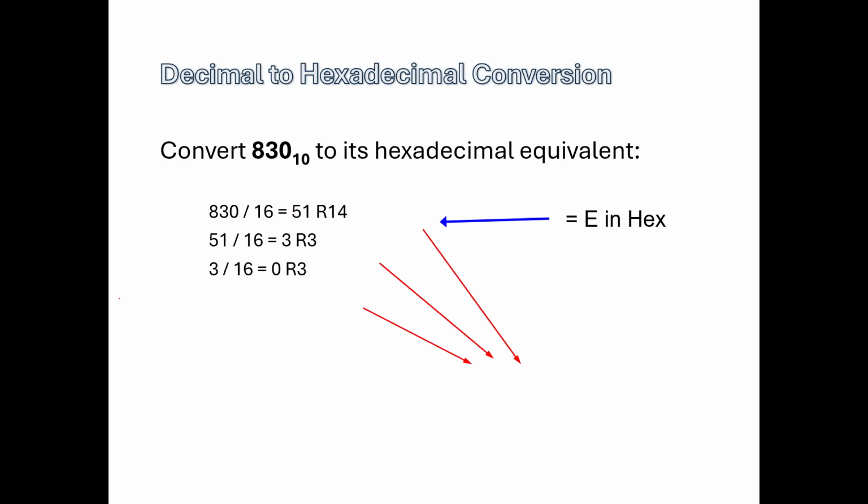Top. Are you sure? I remember saying that you write it from the bottom to the top. That means our most significant bit is the one at the what? Bottom. That means that if I was writing this, it would be 33E16.